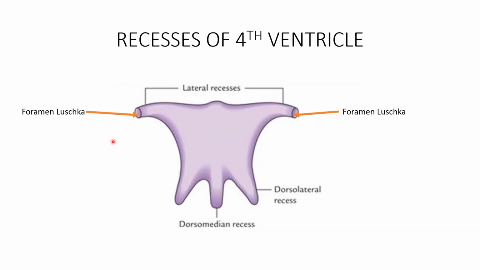The recesses are the extensions from the cavity of the fourth ventricle into the surrounding structures of the fourth ventricle. There are two lateral recesses. You can see these are the two lateral recesses.